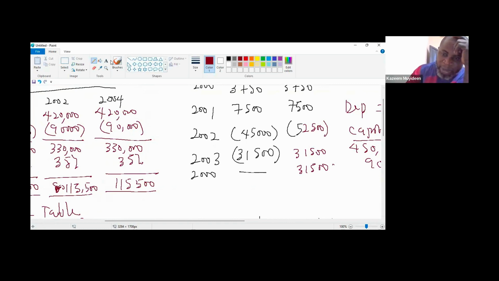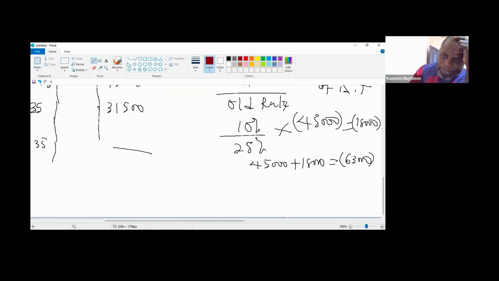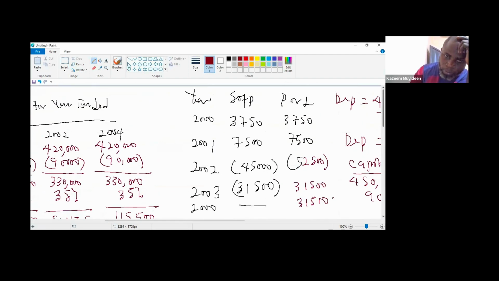And now you see how you pay your accounts. My total tax expense.